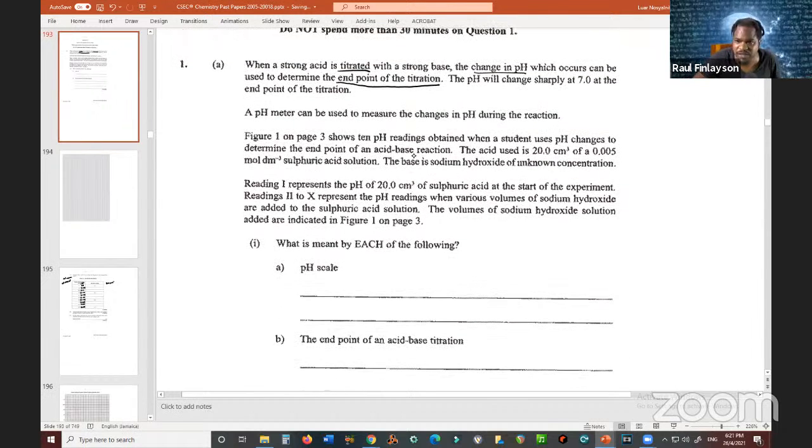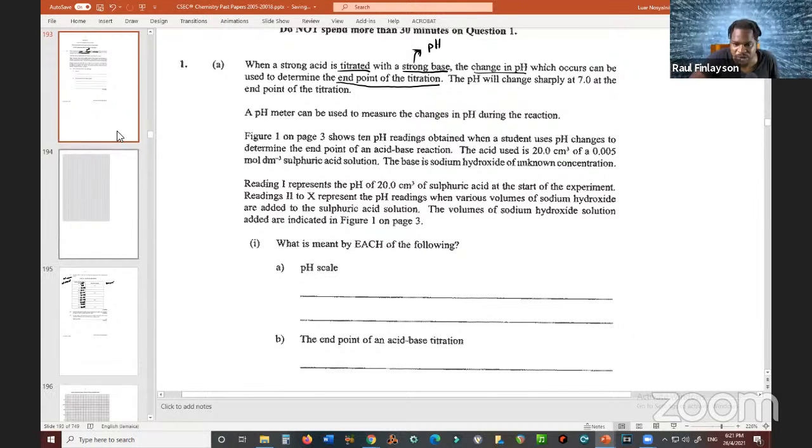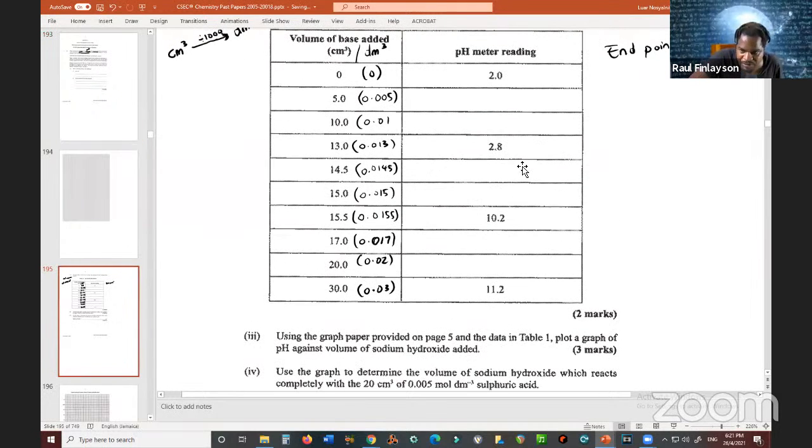It did say a strong base, guys. So there's another clue there. Strong base. All right, the strong base is giving you an idea of the pH that you start with. So a strong base will have a pH, usually 13 to 14. So let's go back to the data and see what happens here.